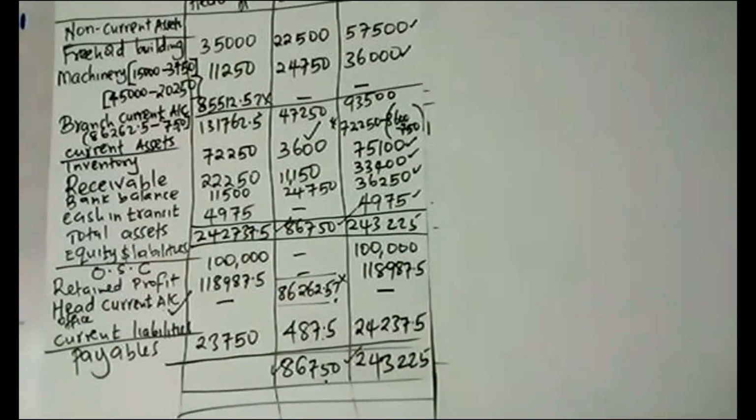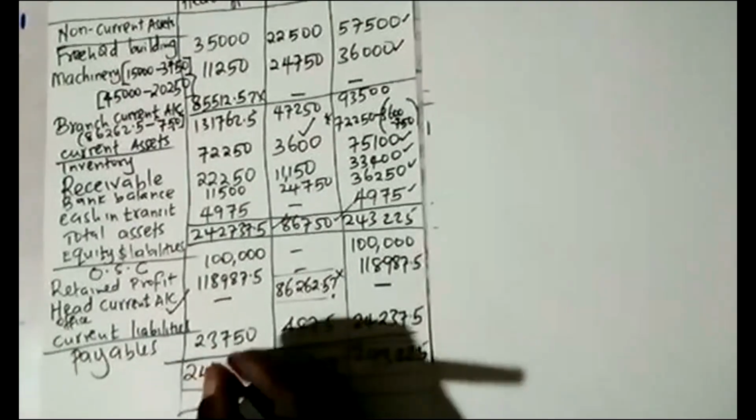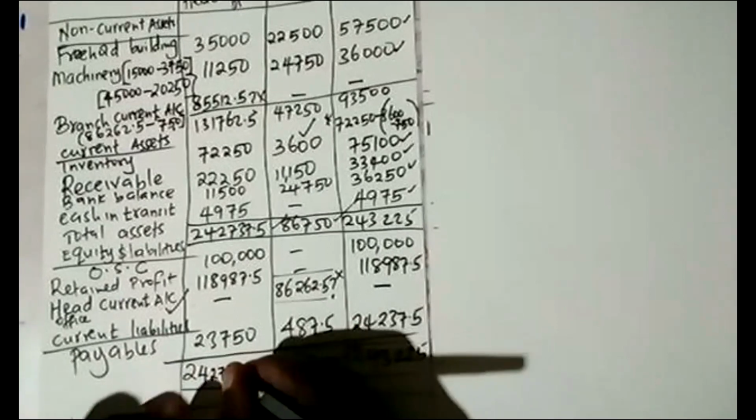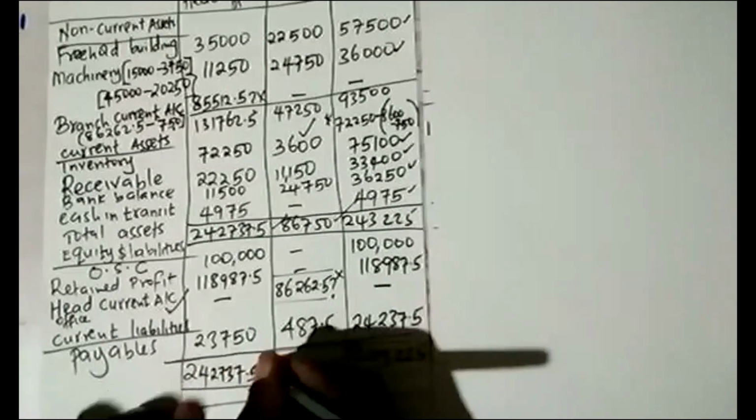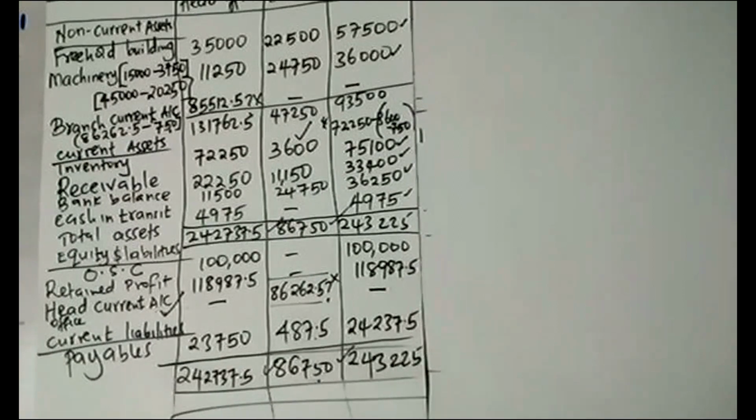Then the other one, equity and liabilities, 100,000 plus 118,987.5 plus 23,750. This is fine, it's balancing. So there's no happy moment like this when an accountant does your books and they balance automatically.